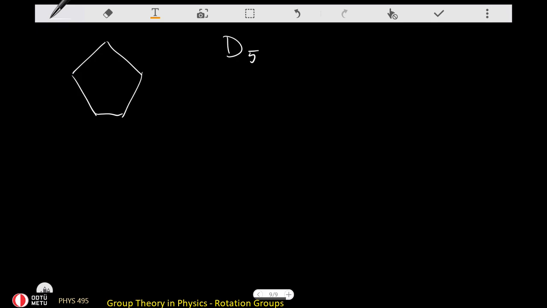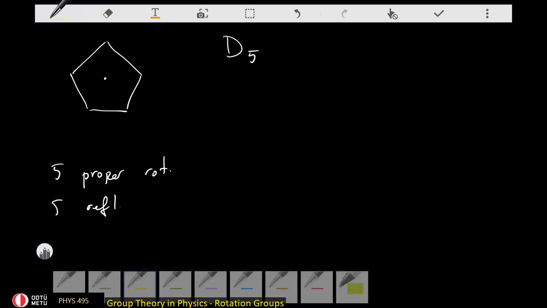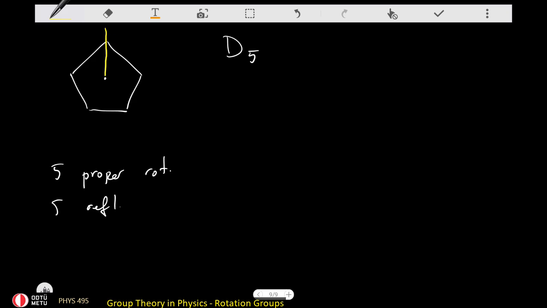D5. D5 again is the symmetry group of a regular pentagon. It's not a good pentagon, so let me try to draw something like that. So there are 5 proper rotations and 5 reflections within the group. If I draw the reflections, the mirror planes, each mirror plane passes through a corner of the shape and the midpoint of the edge.